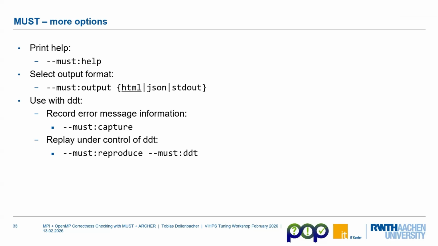So with these two flags, we first run a record run where we identify the issues, and then in a replay, we stop the execution at a point where the error occurred. There is also integration into DDT, so that DDT will actually show you what the issue was at that point that MUST reported. Thank you.